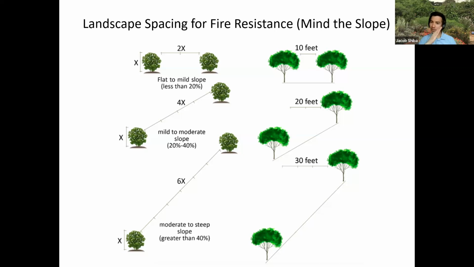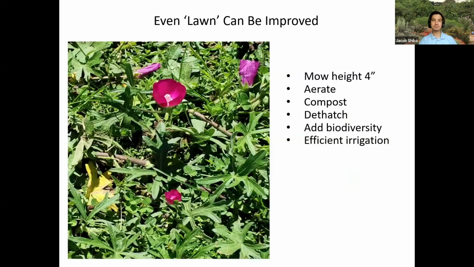But as that slope increases, you want to space those trees further and further apart to decrease the chances of what we call a fire ladder, where fire can spread and hop from one type of vegetation to the next as it gets closer to your home. So really consider landscape spacing for fire resistance if you live on a slope and you live in that urban wildlife interface.